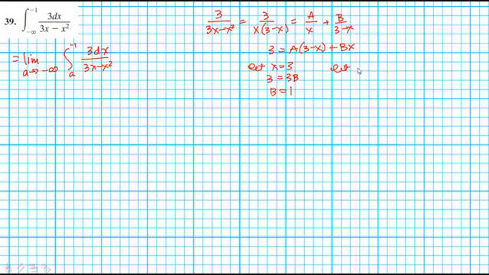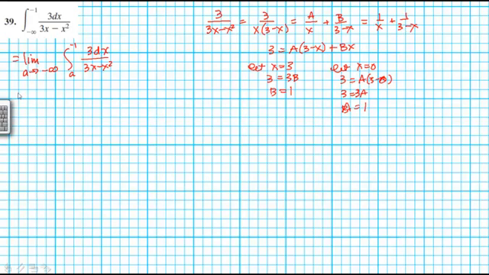If I let x equal 0, I get 3 is equal to a times 3 minus 0, which is 3, is equal to 3a. A is equal to 1. Or in other words, this can be rewritten as 1 over x plus 1 over 3 minus x.